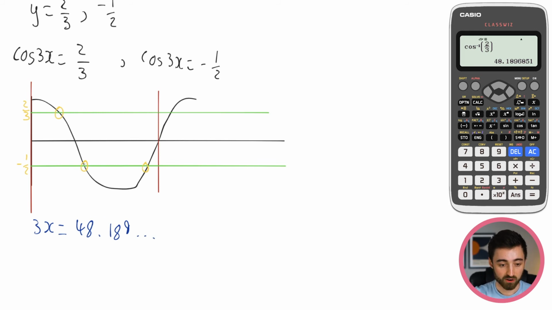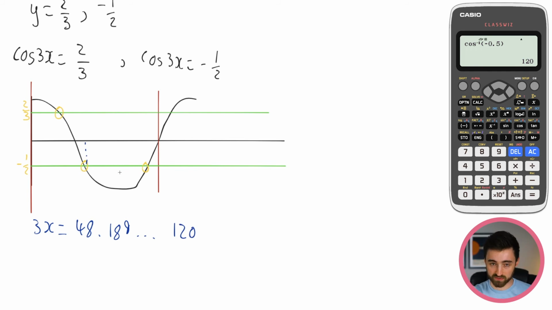And then, how am I going to get it for this? Let's do inverse cos of minus a half, and let's see what I get. So I'm going to do inverse cos of minus 0.5. So this gets me 120 degrees. This makes sense, because this here is 90, so this 120 does make sense, it's after 90. So that's going to be one of them, 120.